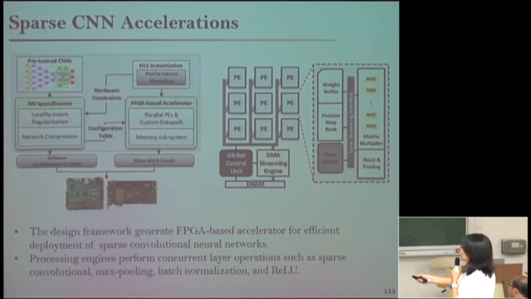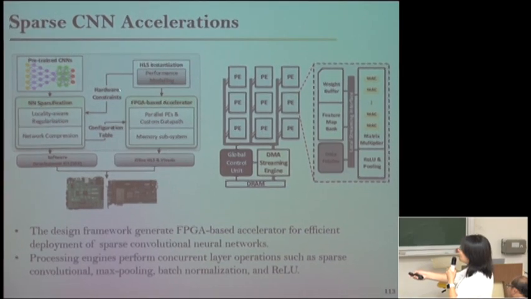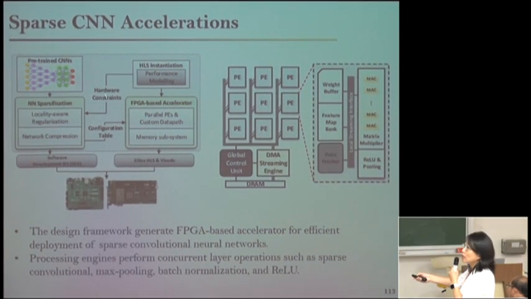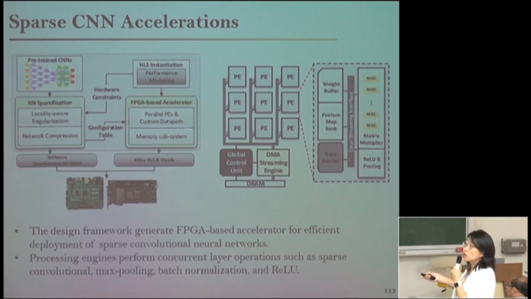While we're doing the training, let me say, with pre-trained CNNs, you have the original CNN before the sparsification. But when doing the sparsification, we need to get hardware constraints over here. The information includes, for instance, how many PEs you have, how much memory bandwidth you have, and so on and so forth.